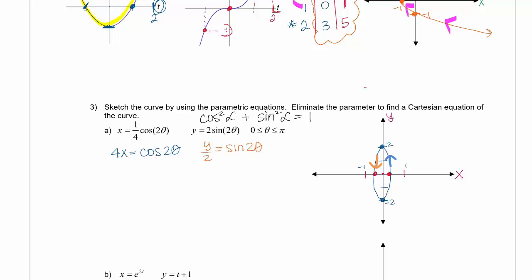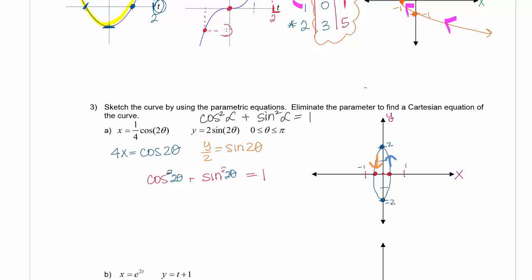And now what I will say is, I know the Pythagorean identity of cosine squared, I'll just put an x or an alpha, you can put whatever you want, plus sine squared x is 1. And as long as those angles are the same, you can replace them with anything. So I'm now going to replace those with my angle that I have in my problem, which is 2 theta. So I now know cosine squared 2 theta plus sine squared of 2 theta is 1.